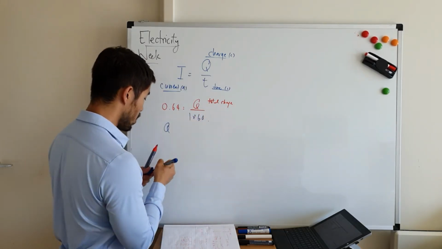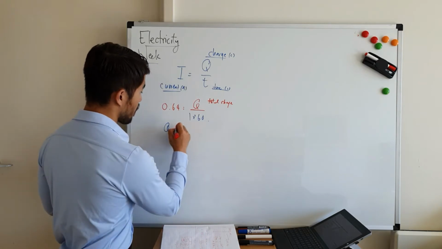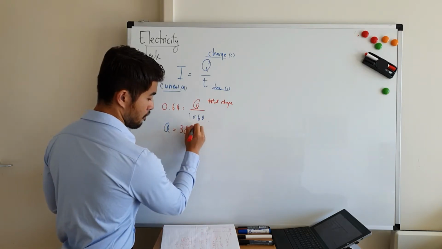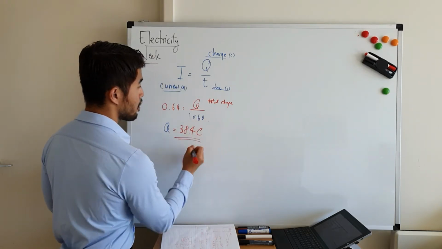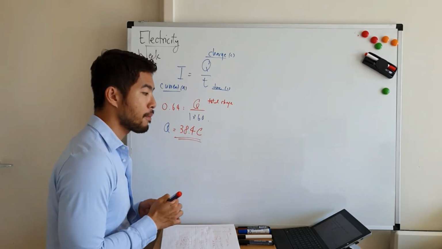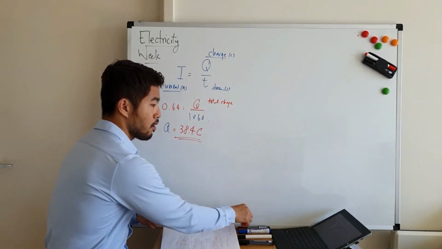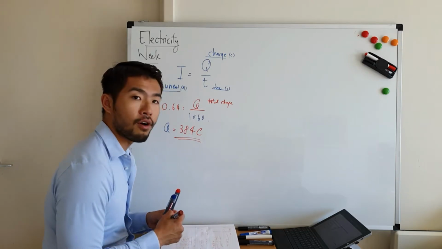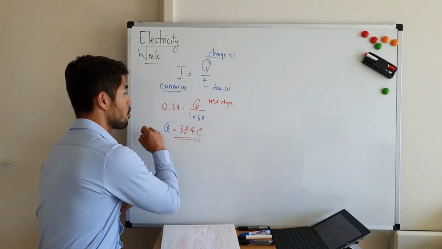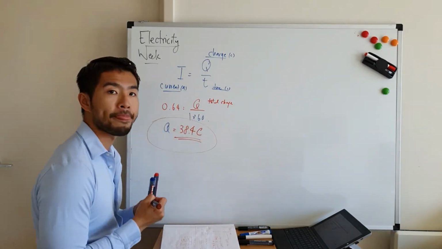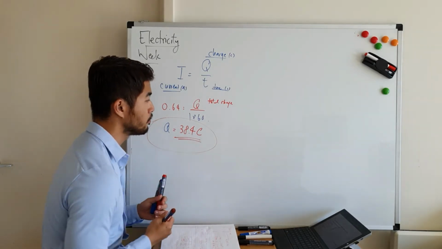So total charge, put it in a calculator, is 38.4 coulombs. They're asking you for how many ions, so it's very important for us to know this is the total charge, that's the total number of coulombs.